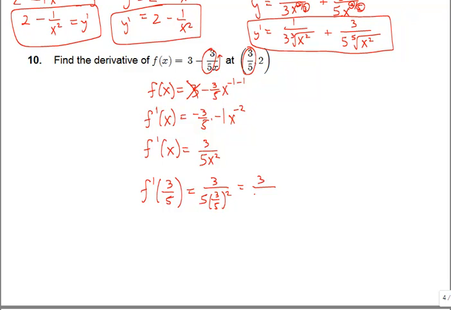So let's square our denominator. 3/5 squared becomes 9/25. 5 cancels out one of the 5's in the 25, so this becomes 3 over 9/5. 3 divided by a fraction is the same as 3 times the reciprocal of that fraction. 3 goes into 9 3 times, so what I have left is a 1 times 5, or 5, over that 3. So my derivative at this point is 5/3.